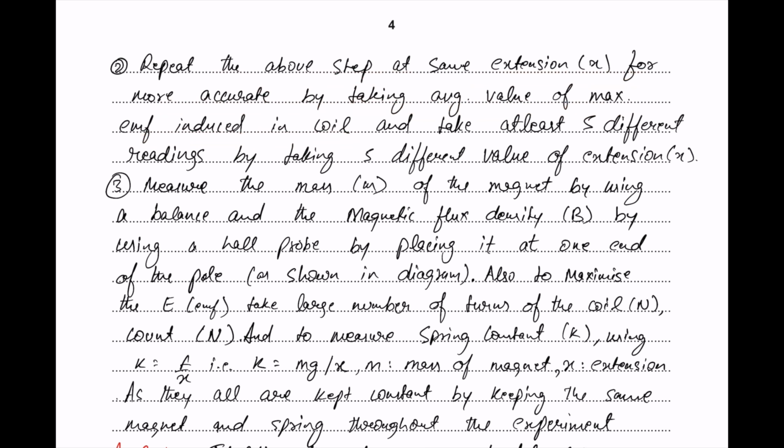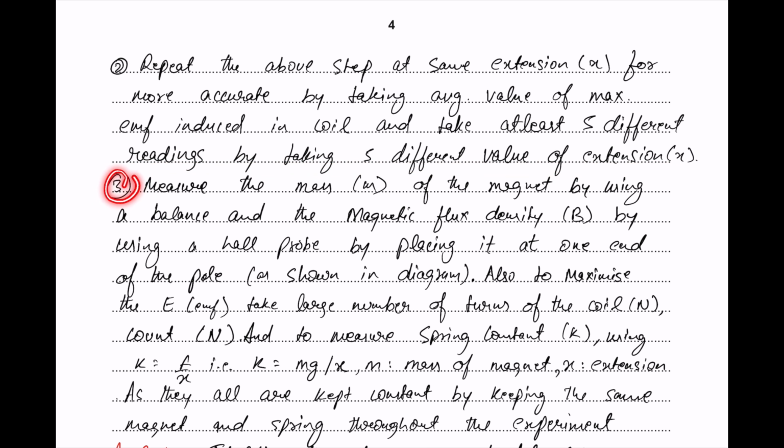Because if you take one reading, you will note it down. If you take two readings, three readings, at least three readings should be taken at the same displacement or extension for more accuracy. And also take at least 5 different readings by taking 5 different values of extension. You have to take 5 different extensions and repeat the same experiment as above.